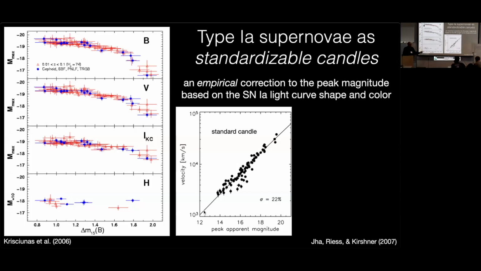You could do it at max too. It still works. So these are peak H band magnitudes in here. I think you're right that this is at 10 days phase, 10 days after B band max. That's when the H band max was measured. So you don't have to standardize at the peak. You can pick any other time as well.